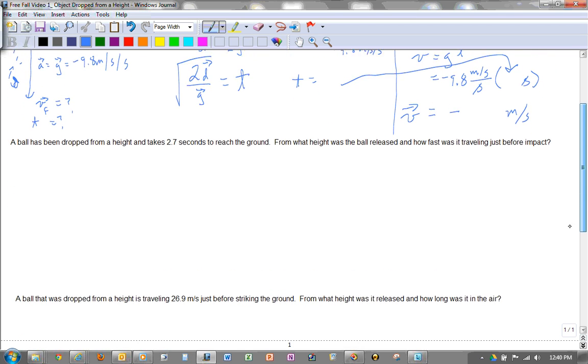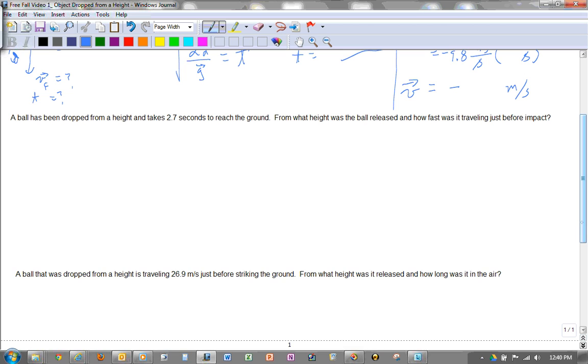Next, if we again have a ball drop from a height, but this time instead of telling you the height, I tell you the time it takes to reach the ground. So here I know what t is. If I wanted to find my displacement, displacement equals 1/2 g t squared.